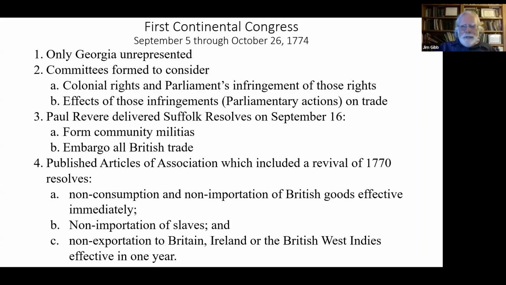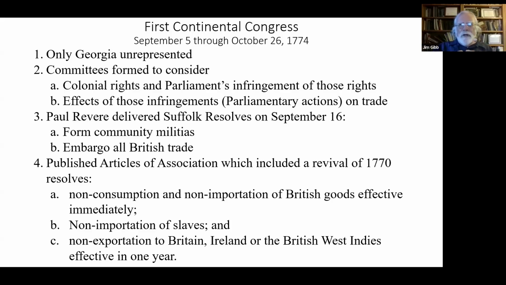They formed 2 committees. One was to look into colonial rights and Parliament's infringements of those rights. The other committee was supposed to look at the effects of those parliamentary actions on trade and the economy. There were no other committees because everybody was on one or both of these.